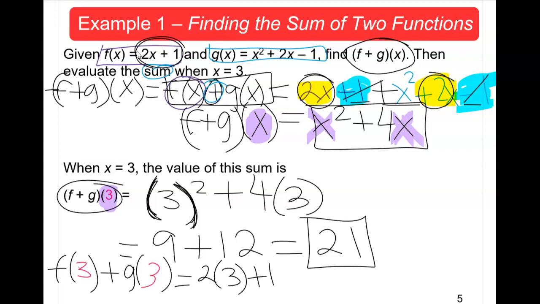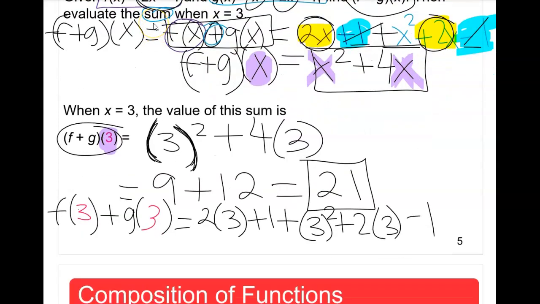And if I substitute 3 in function g, it will be 3 squared plus 2 times 3 and then minus 1. So I'm going to simplify it. 2 times 3 is 6 plus 1. 3 squared is 9, and then 2 times 3 is 6, minus 1.